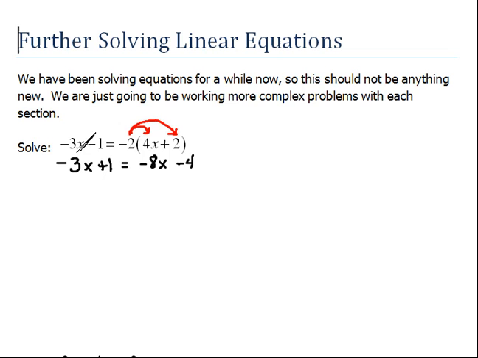So now we'll have negative 3x plus 1 equals negative 2 times 4x is negative 8x, and negative 2 times positive 2 is negative 4. Now we can begin combining like terms and solving for x.